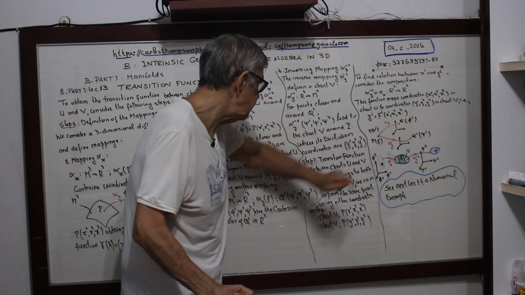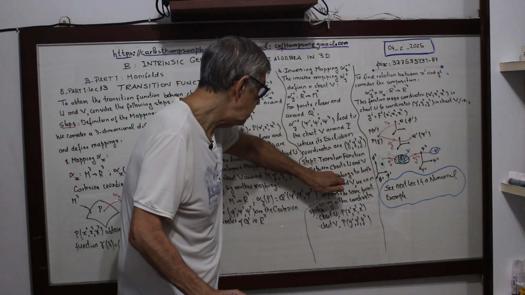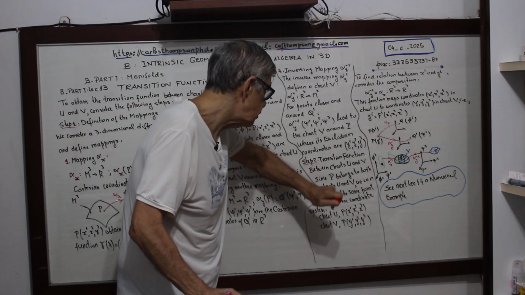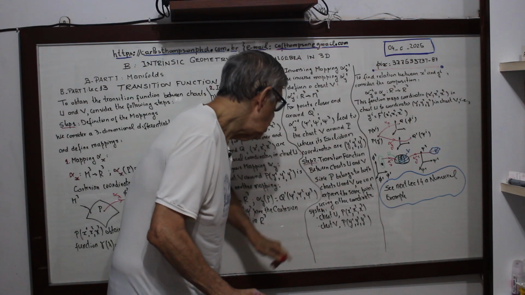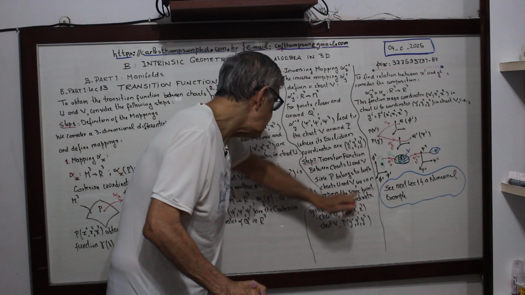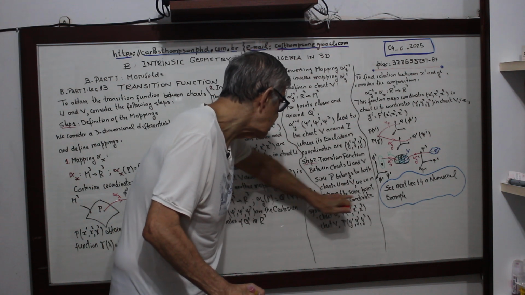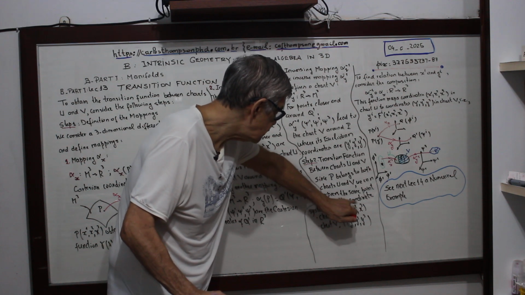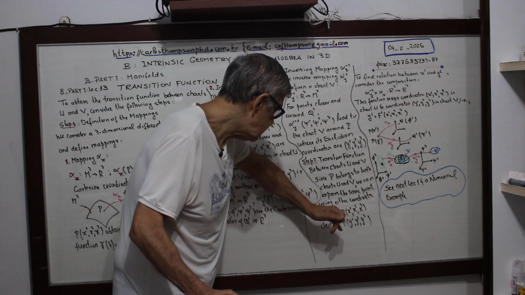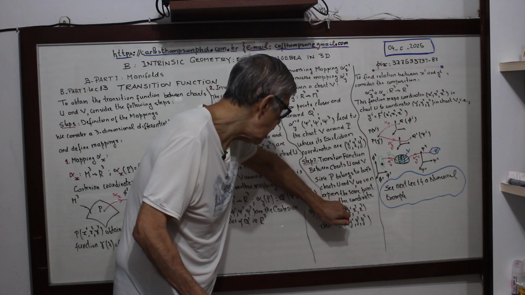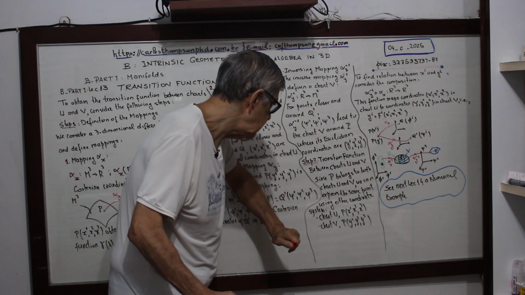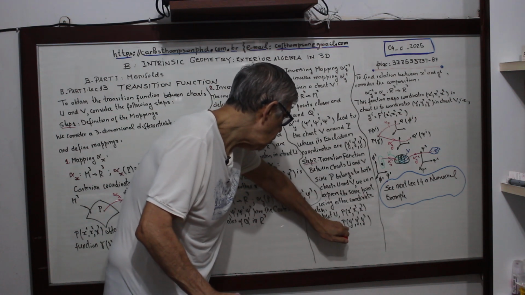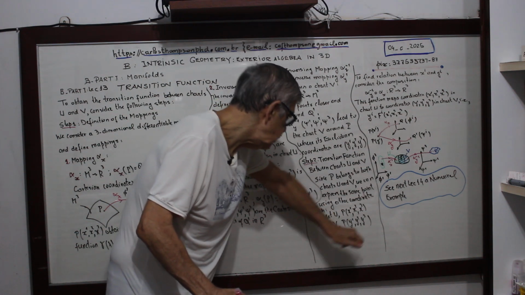Between chart U and V, since P belongs to both chart U and chart V, we can express the same point using either coordinate system. For chart U, the coordinate system is x1, x2, x3, Euclidean. For chart V, y1, y2, y3.